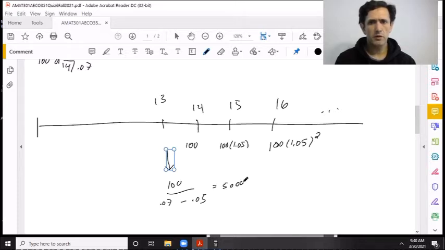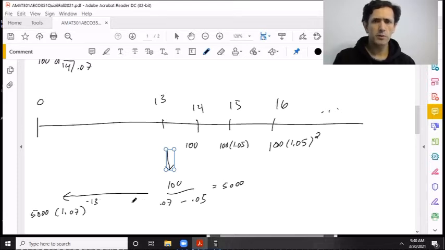Right, so at t equals 0, this is going to be discounted by 13 years. So minus 13.